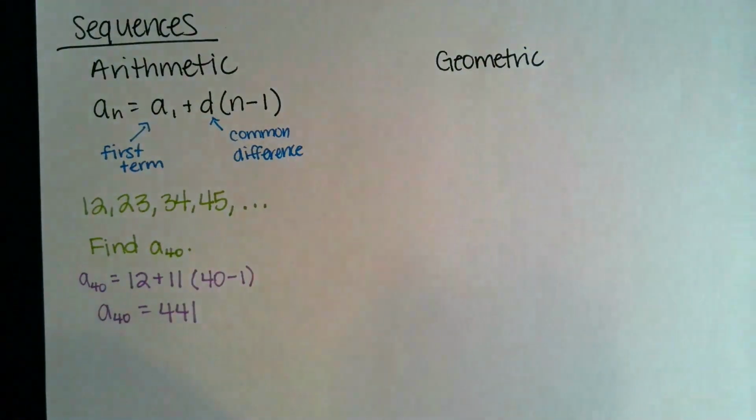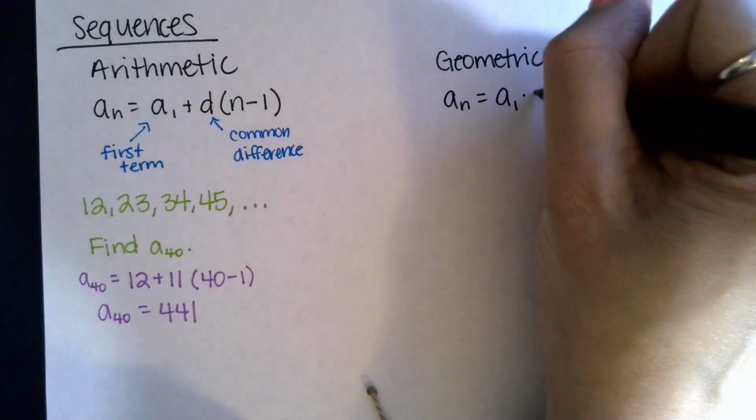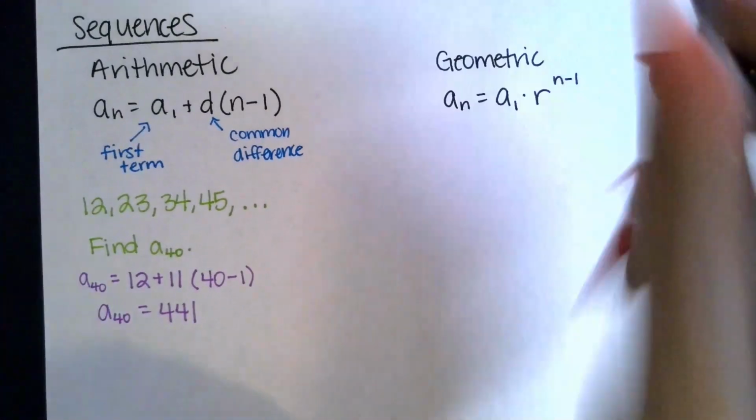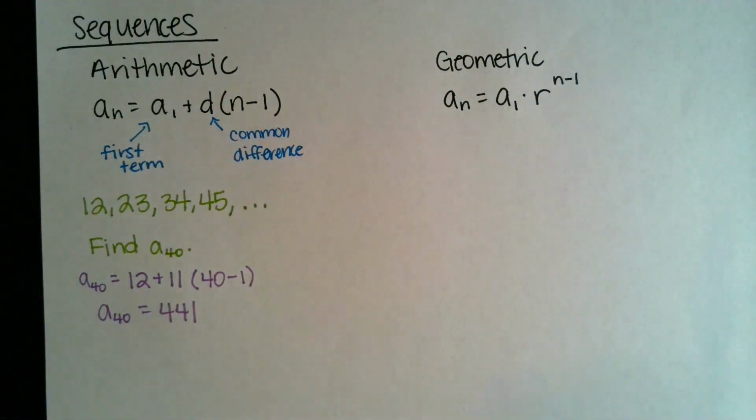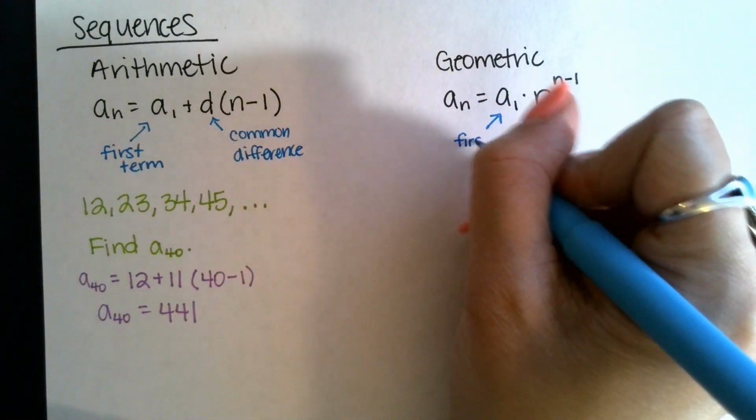Geometric is multiplying and dividing. A sub n equals a sub 1 times r to the power of n minus 1. A sub 1 is the first term still.